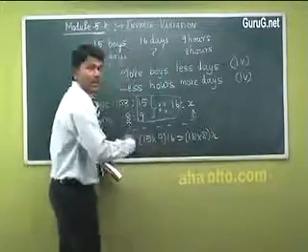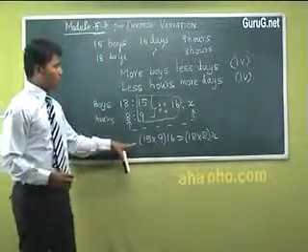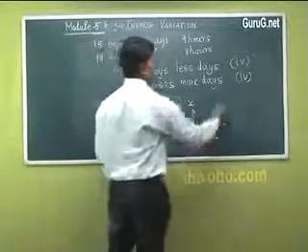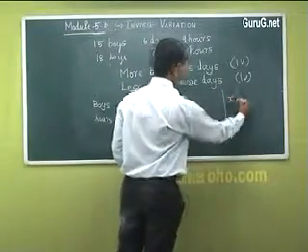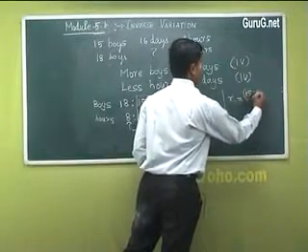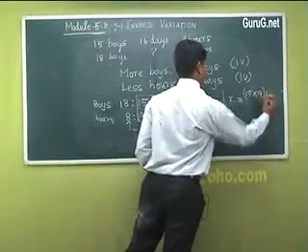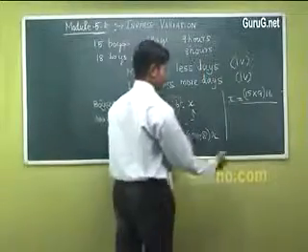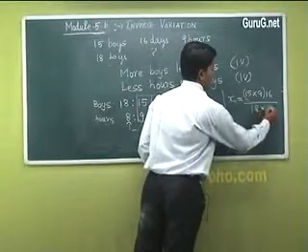So from this you can find the value of x. x is equal to 15 into 9 into 16 by 18 into 8.